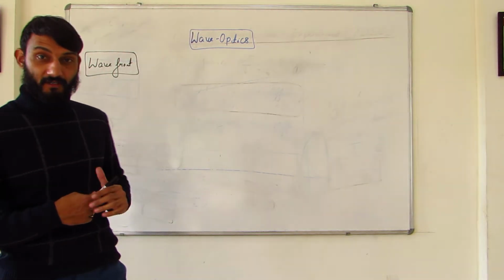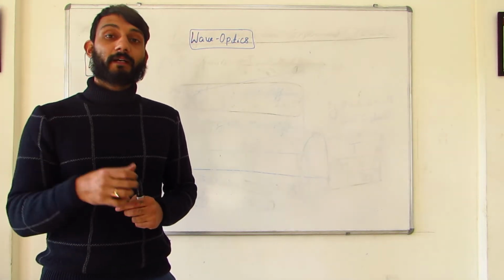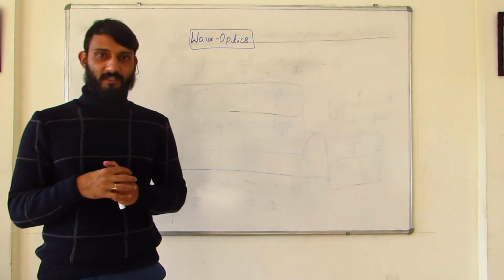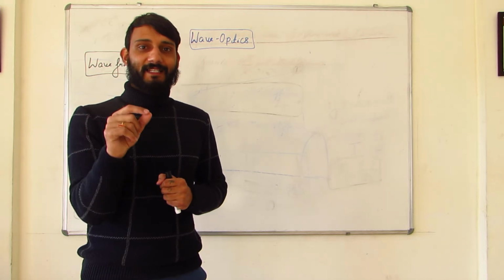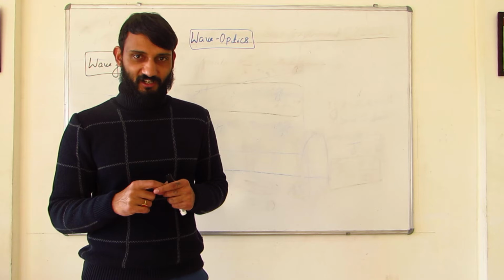Now what is wavefront? If I take an analogy of equipotential surface: an equipotential surface was a surface made up of many points, and each and every point on that surface was at the same potential, right?